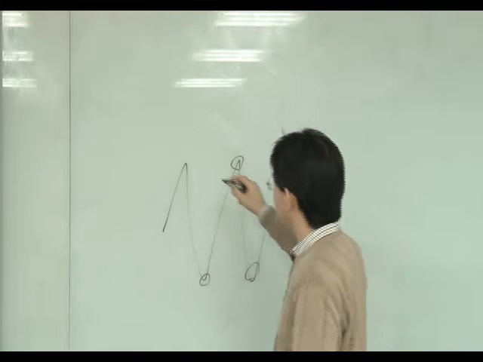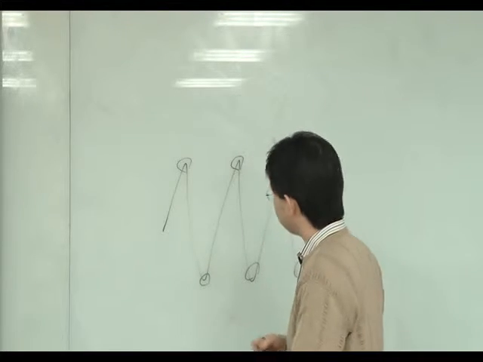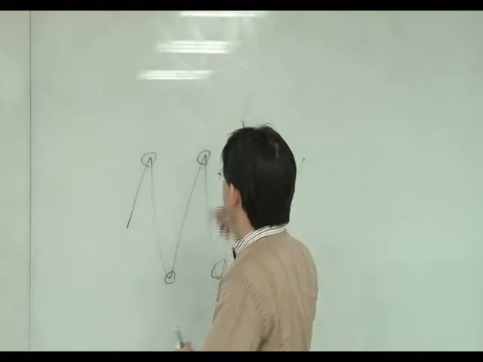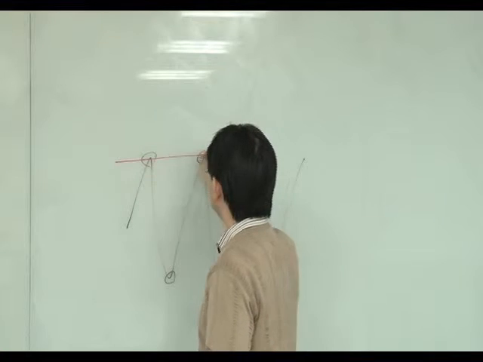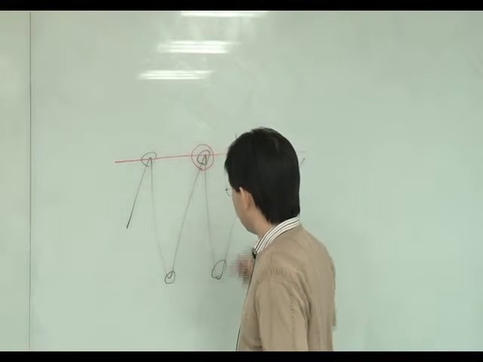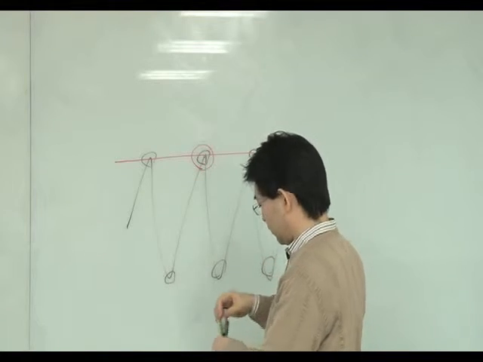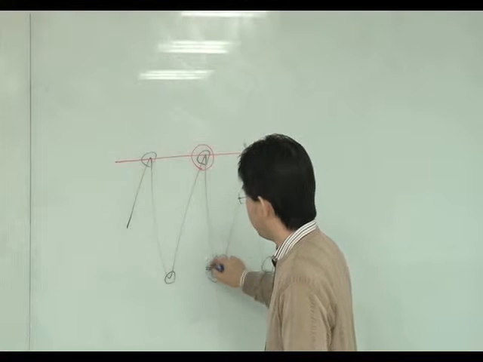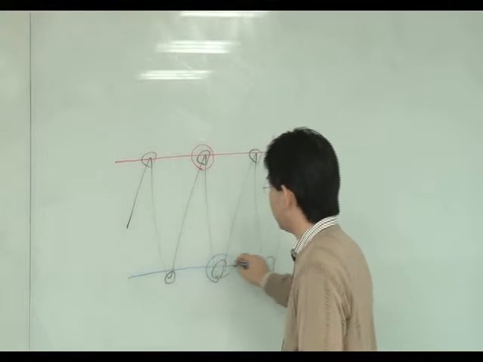However, the pressure gradient evaluated at this point is like this. It is almost flat, and the pressure gradient in the nearby point here is also like this.